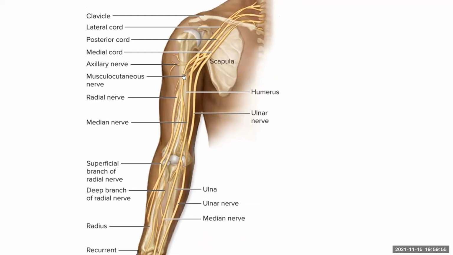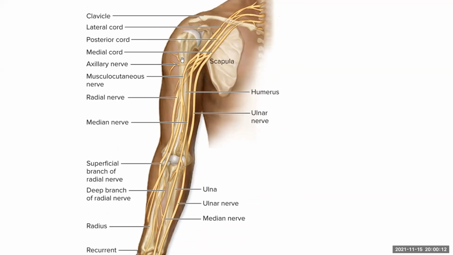Musculocutaneous nerve, right? That's going to be up here near the front of the anterior portion of your humerus. That's going to affect the muscles here. And then you have your axillary nerve right here, which is found, interestingly enough, around the surgical neck of the humerus.